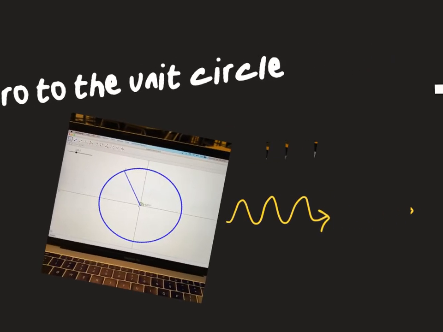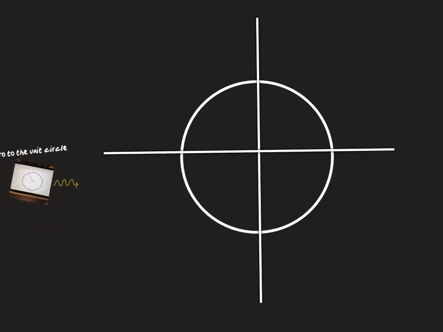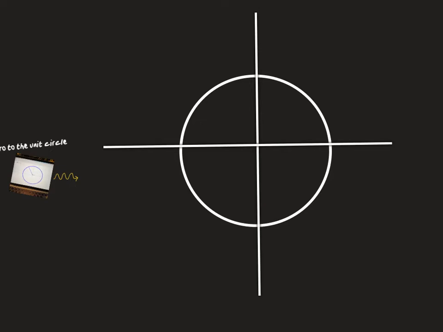All right, now let's use the coordinate plane to derive two definitions. So any point in a coordinate plane is x comma y. Now let's draw a triangle and inscribe it inside of the circle.